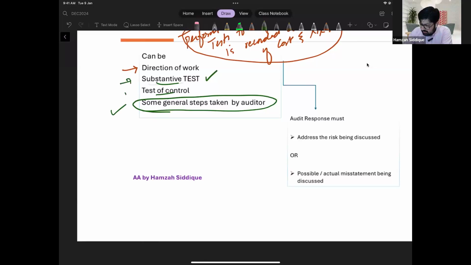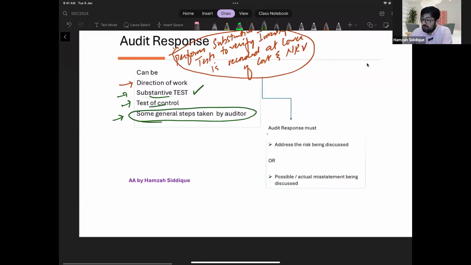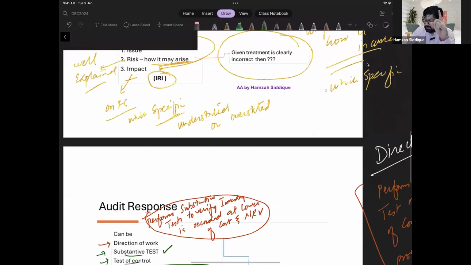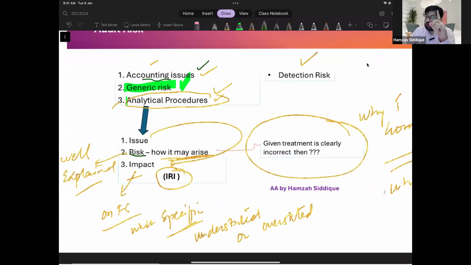Whatever you are writing, remember the audit response must address one of the both or both. Address the risk being discussed. Whatever risk you explained here, that this is the risk, management may incorrectly record. Assumptions may be incorrect.